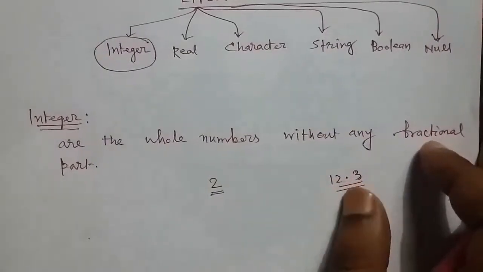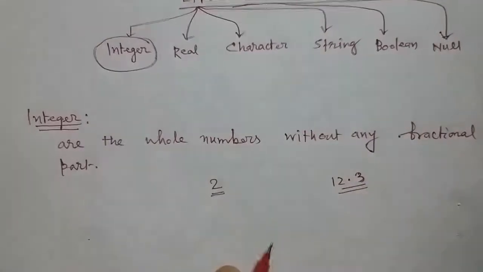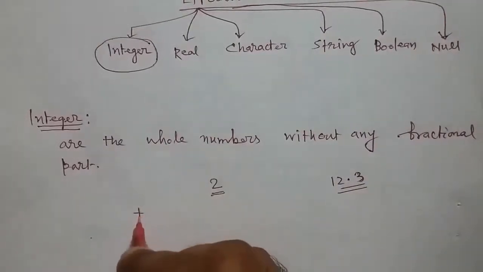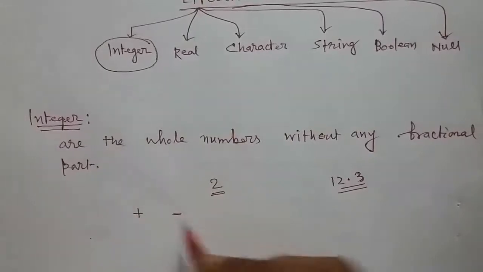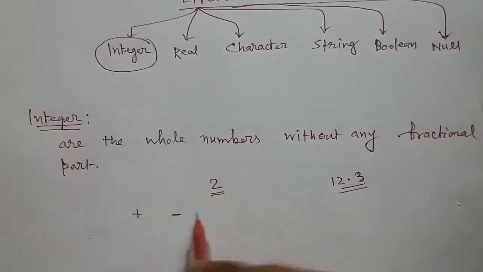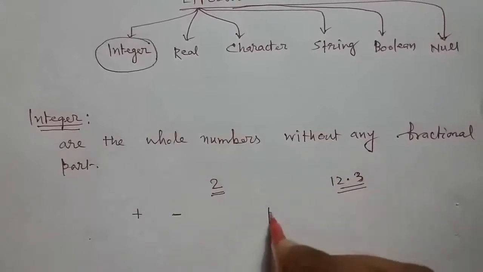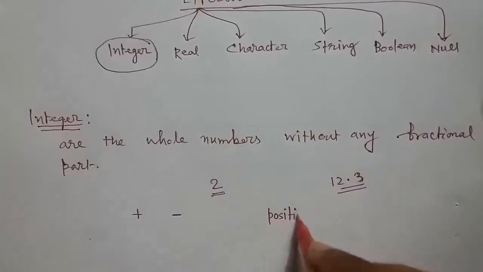Okay. Number 2, an integer literal may contain either plus or minus sign. An integer with no sign is assumed to be positive. You already know this.